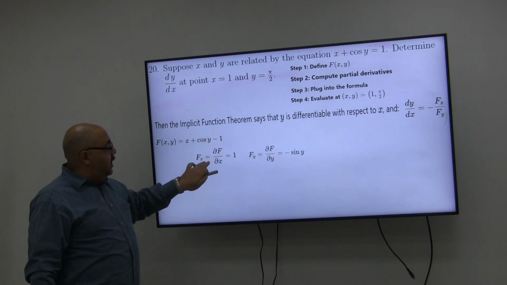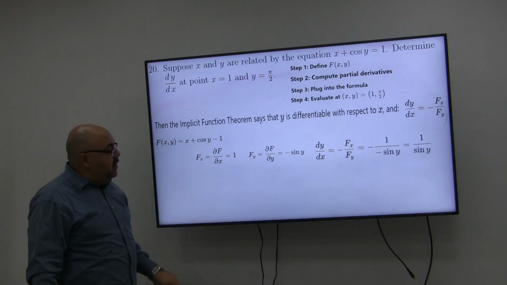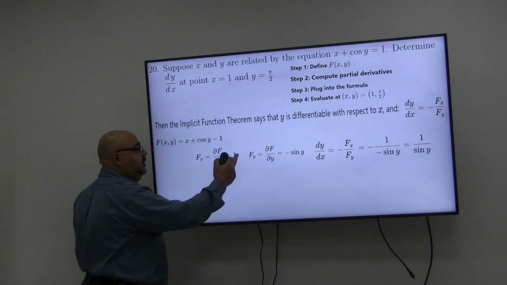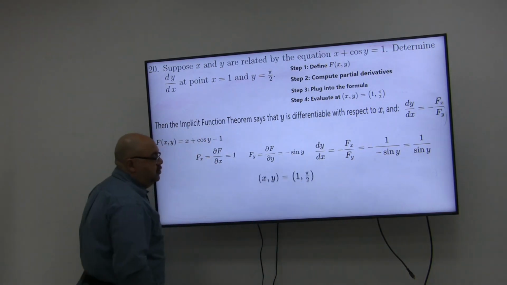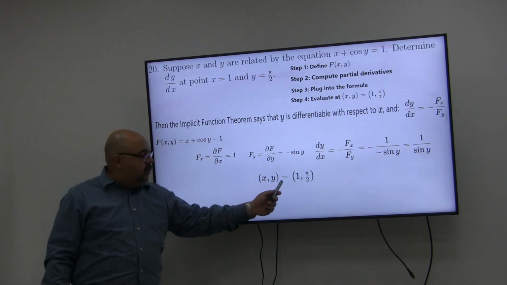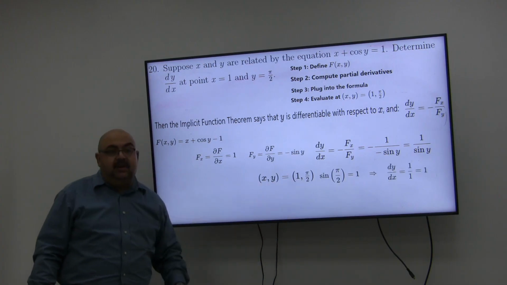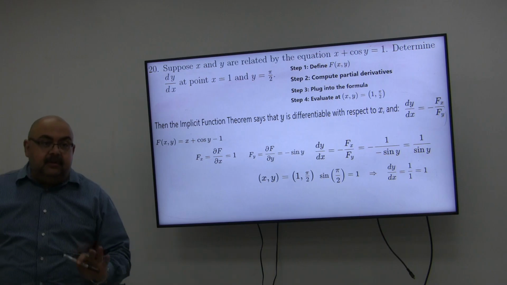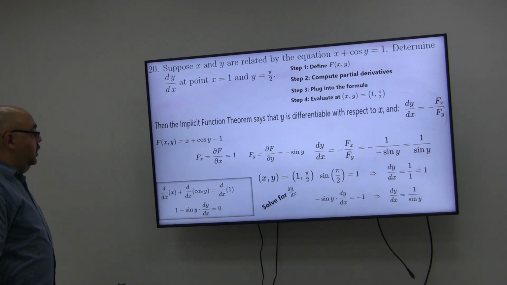This is partial f partial x, partial f partial y. So dy by dx is going to be 1 divided by negative sine of y, as you can see. Then I will substitute x and y, which are 1 and pi over 2, and so dy by dx is equal to 1 at this point. Okay, direct substitution. Okay, done.